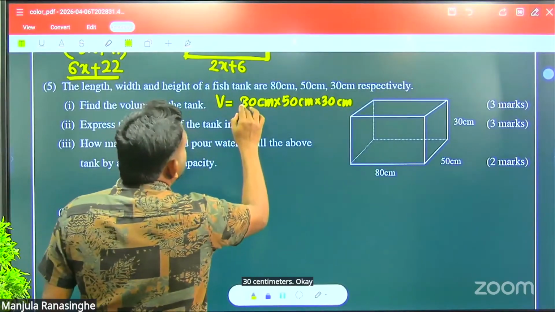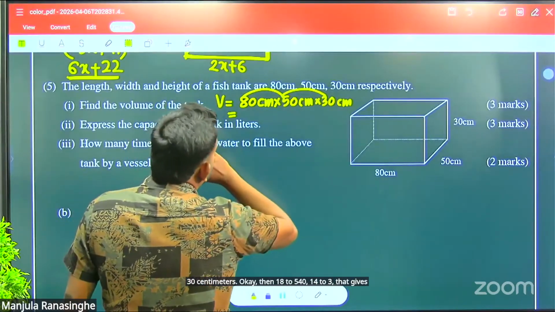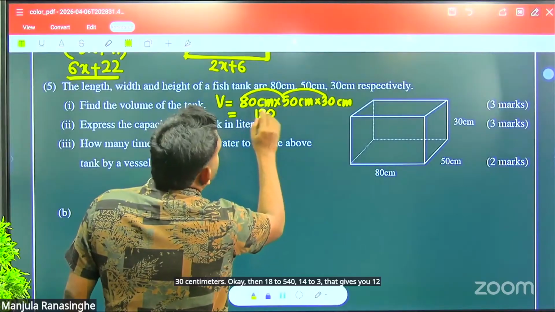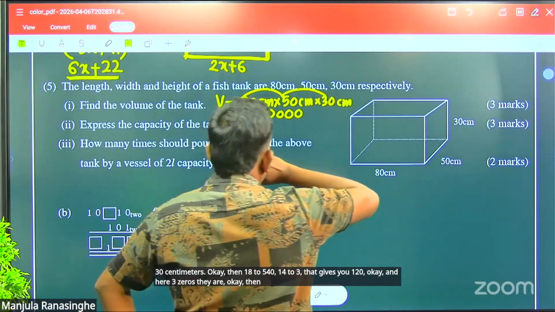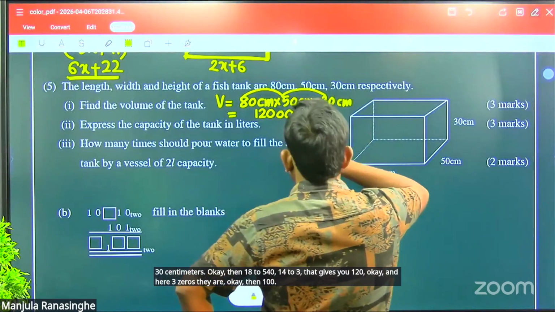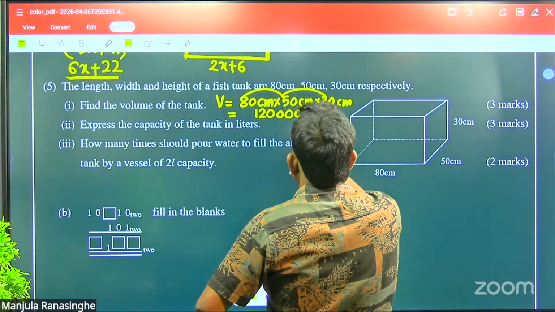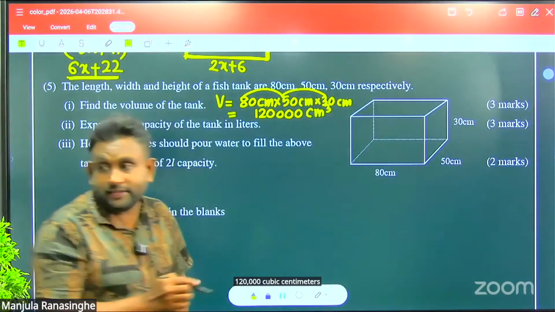Then 8 into 5 is 40, 40 into 3 gives you 120, and here 3 zeros there. So 120,000 cubic centimeters. You have 3 marks there.